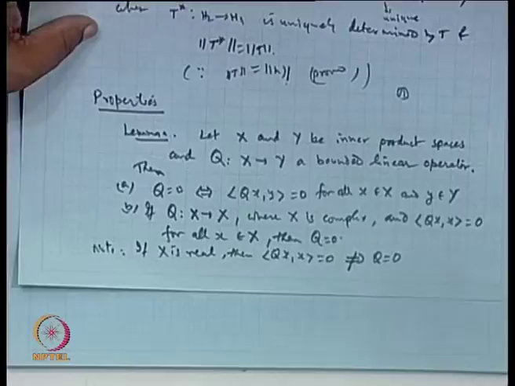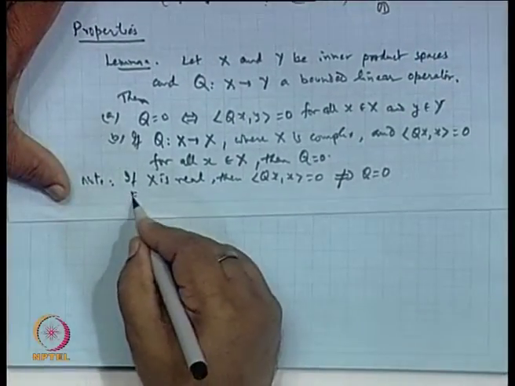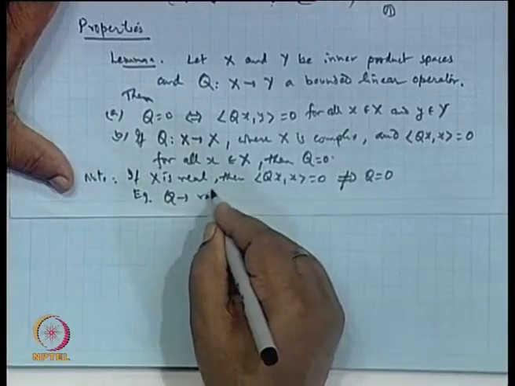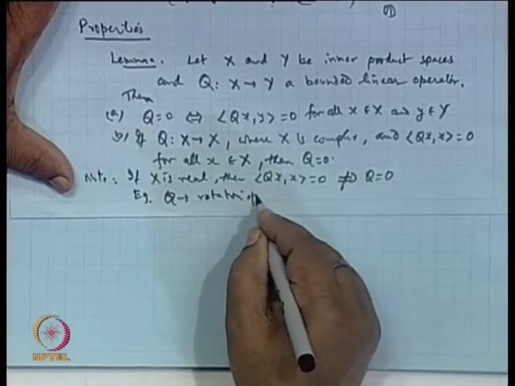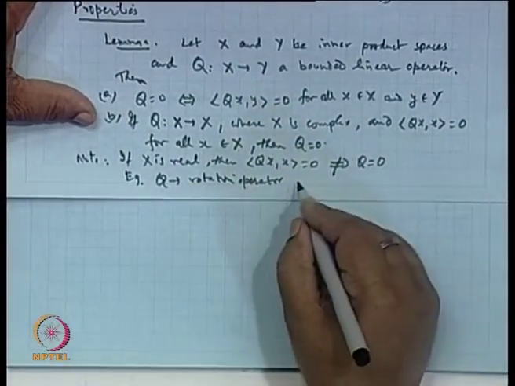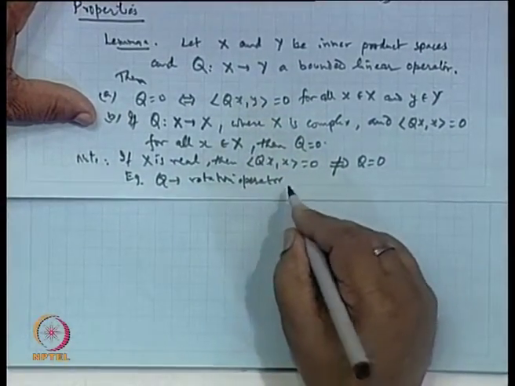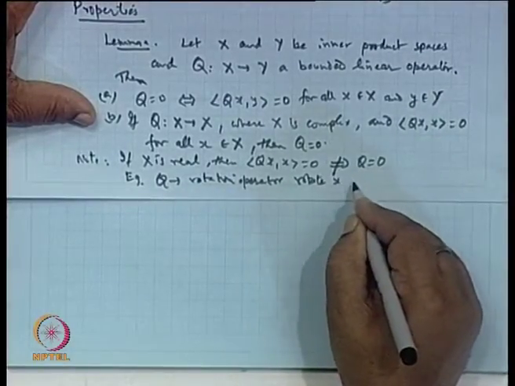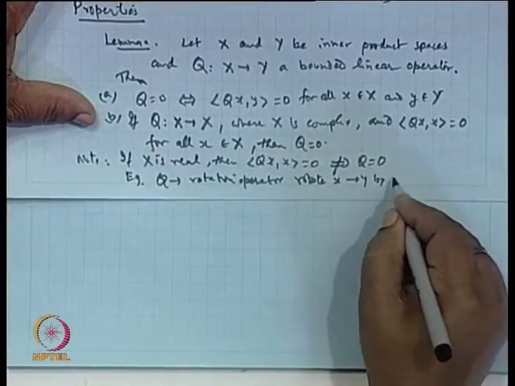Why? For example, if I take Q to be a rotation operator, it rotates x to y by 90 degrees.